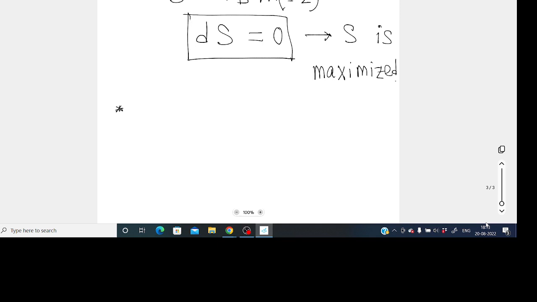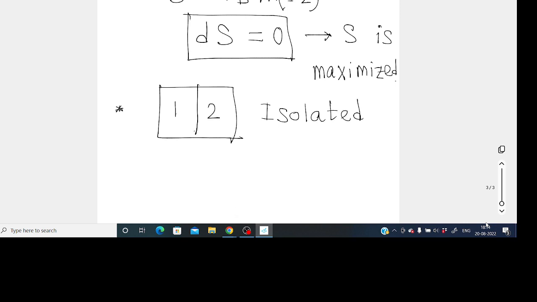Now let's consider two subsystems of an isolated system. So this is an isolated system. It has two subsystems. This is subsystem 1, this is subsystem 2.